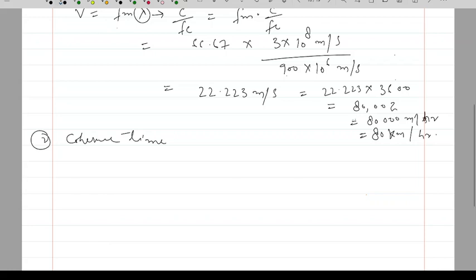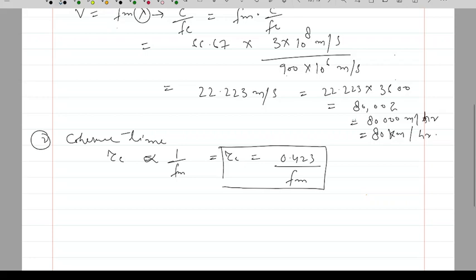Coherence time is represented by tau c. It is basically inversely proportional to frequency. But the formula to find the numerical solution is tau c equal to 0.423 divided by the maximum Doppler frequency. So this is the formula.